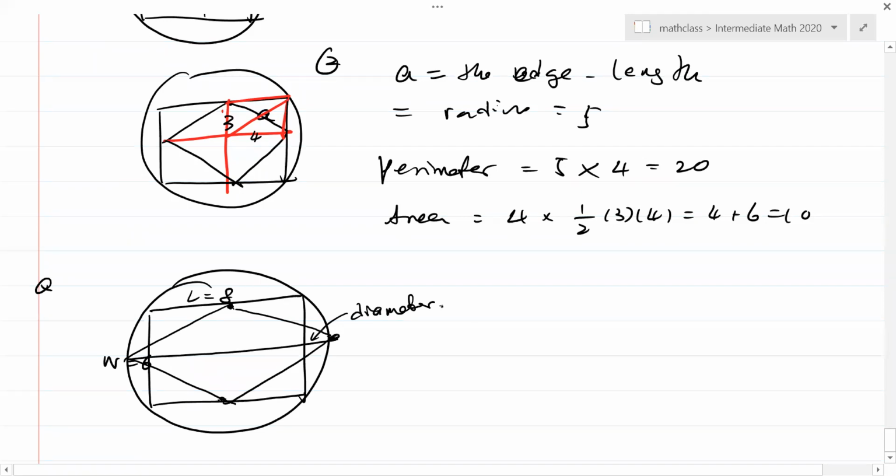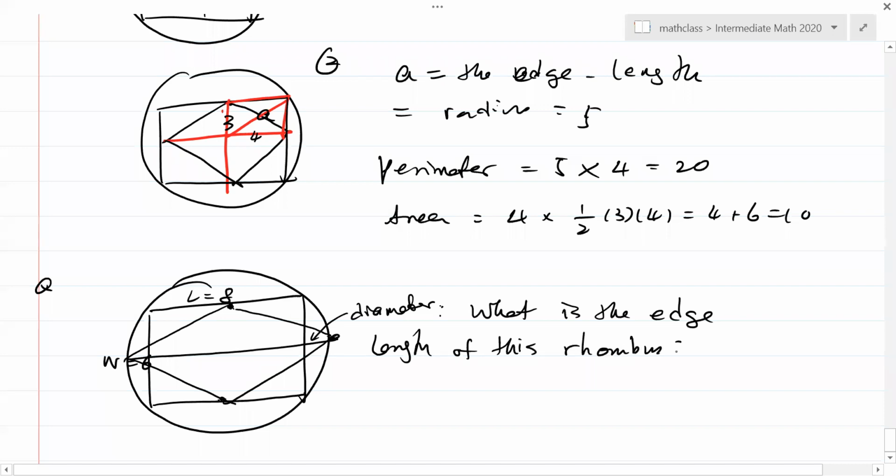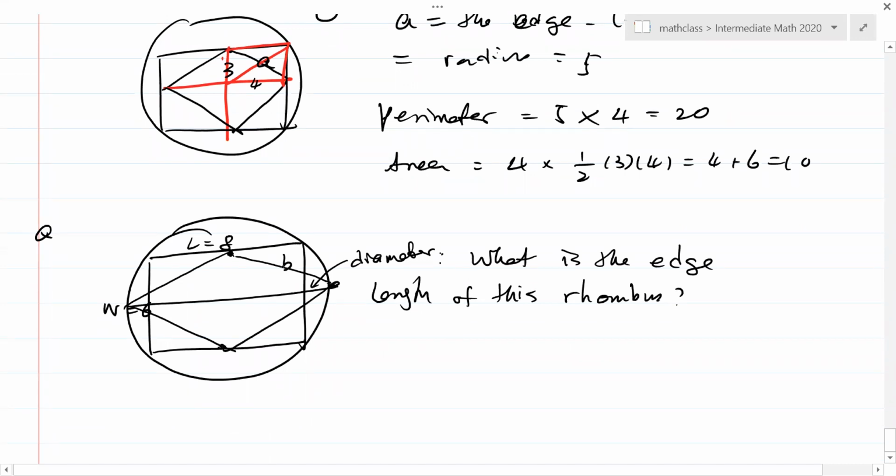Now my question is, what is the edge length of this rhombus? Anyone have an answer? How about the area? Can you figure it out?